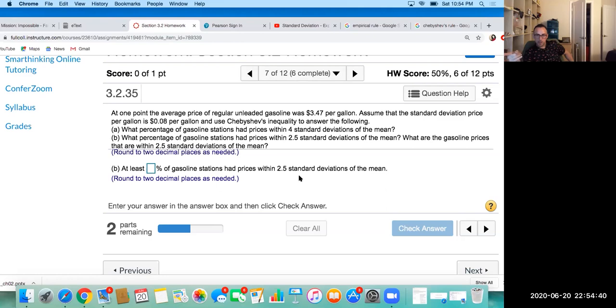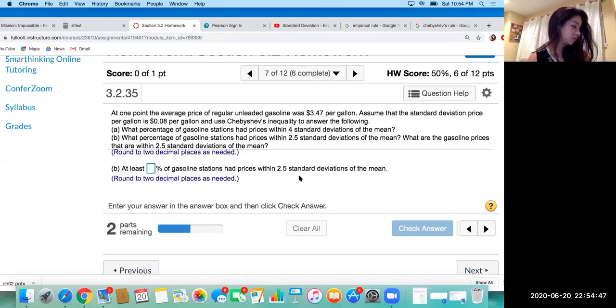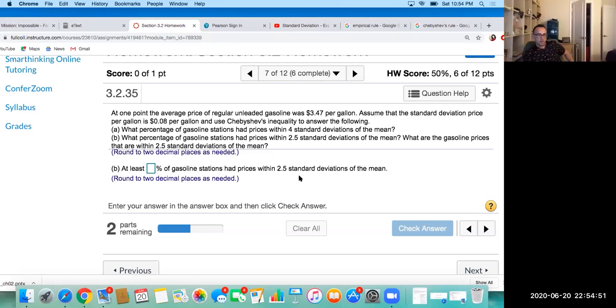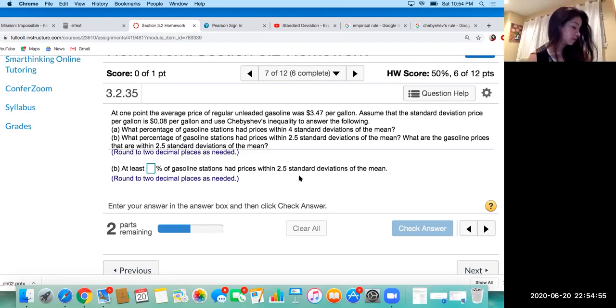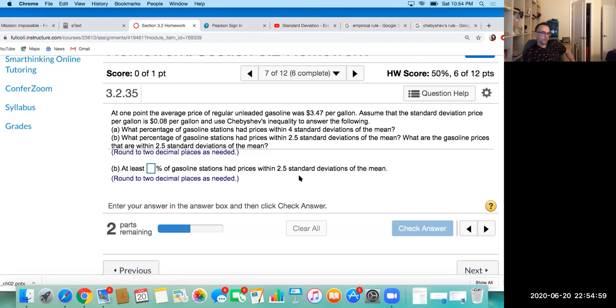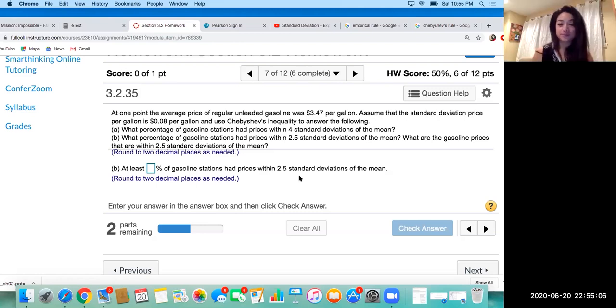In part A, the number is 4. So I just plugged in 4 into K. So 1 minus 1 over 4 squared. 4 squared is 16, so 1 over 16. So then 1 minus 1 over 16. That's it.